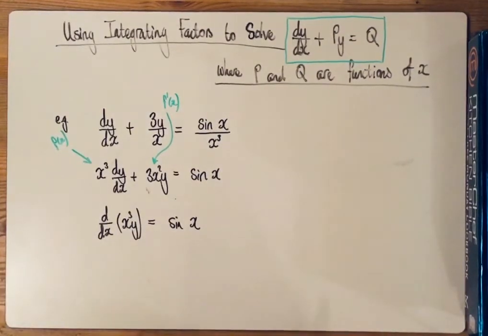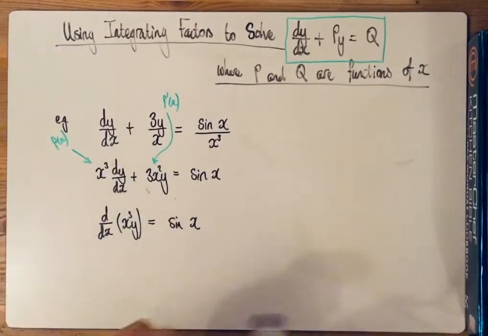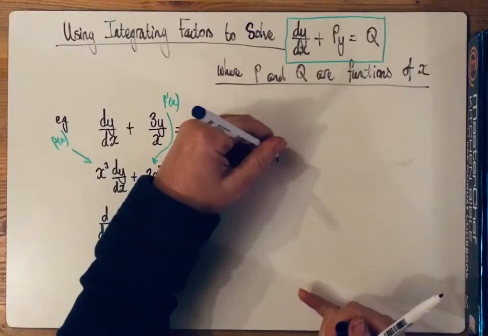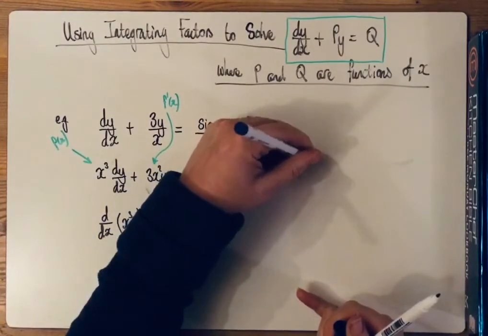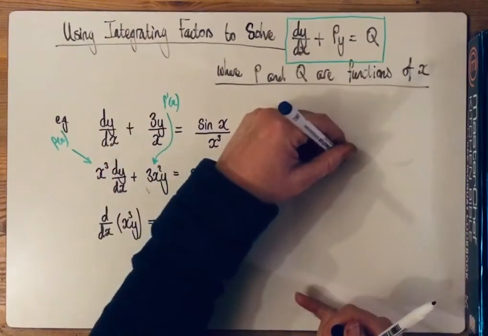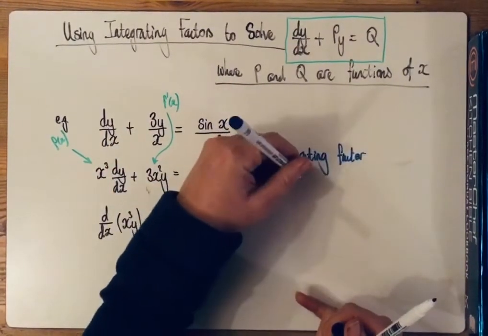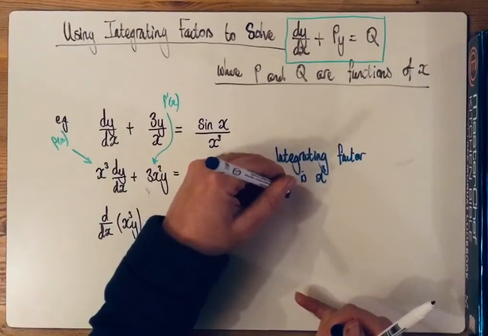The integrating factor for this one is x cubed, and it's what you multiply the equation through by to get it into a form where you can reverse the product rule and integrate.